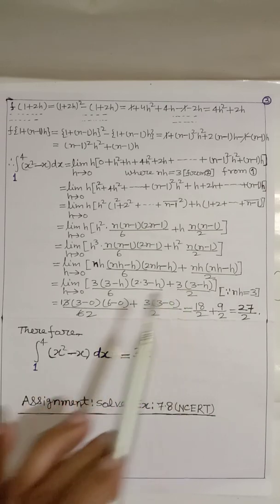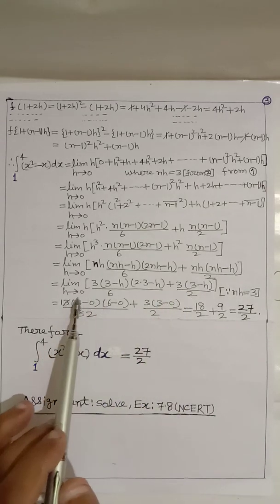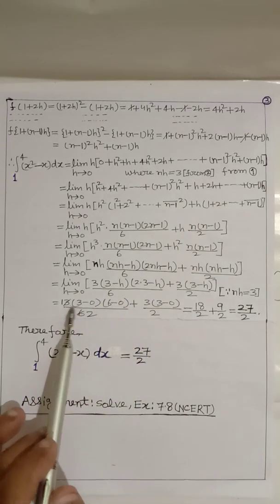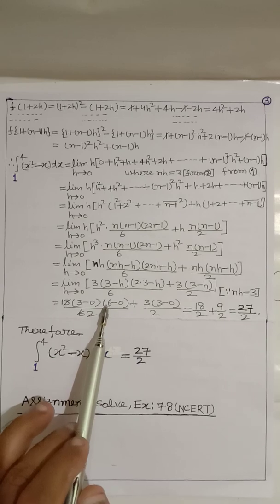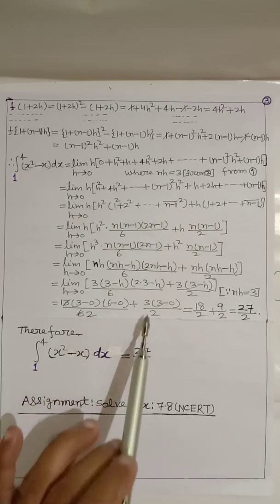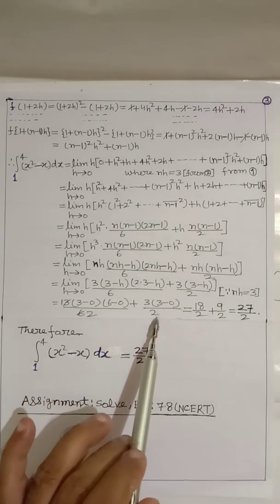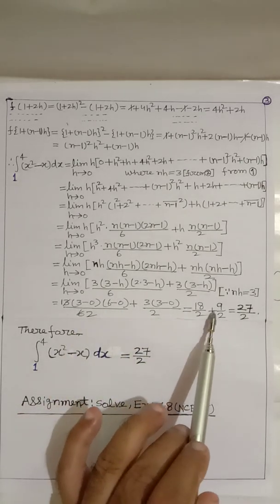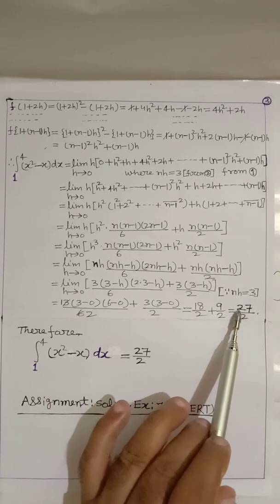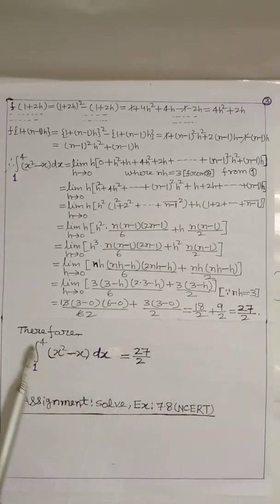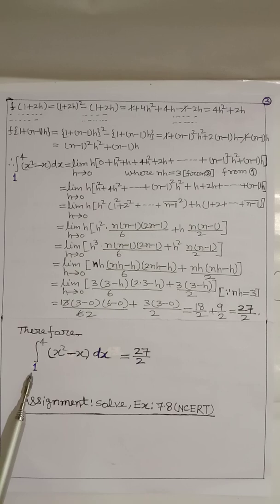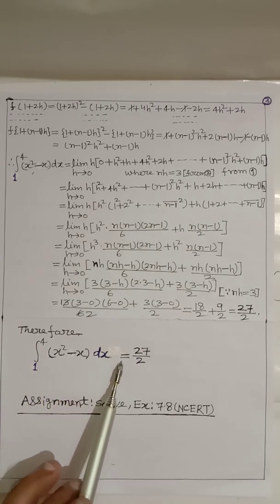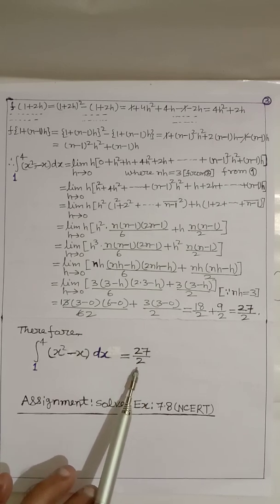Putting h tends to 0, we solve and get 3 into 3 minus 0 into 6 minus 0 by 6 plus 3 into 3 minus 0 by 2. Here we solve this, we get 18 by 2 plus 9 by 2, and this is equal to 27 by 2. Therefore, integration of 1 to 4 x square minus x dx equals 27 by 2.